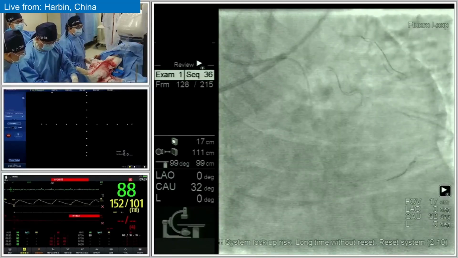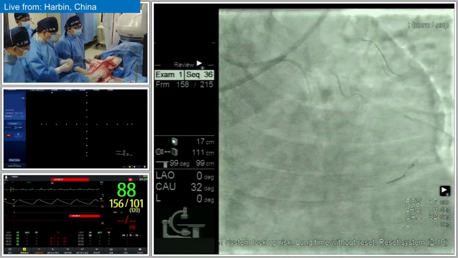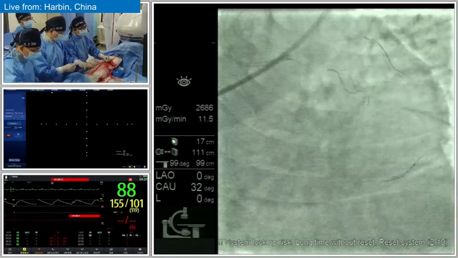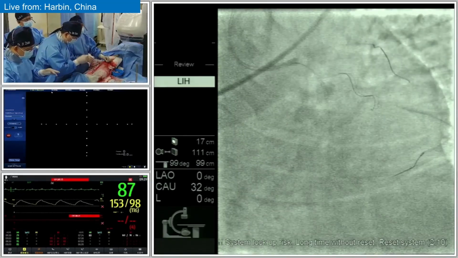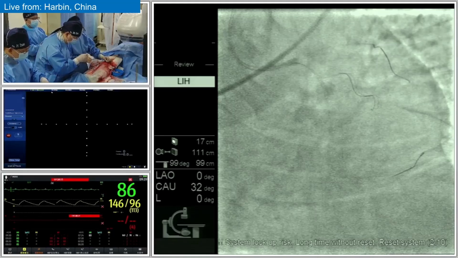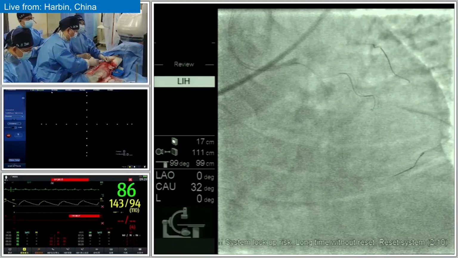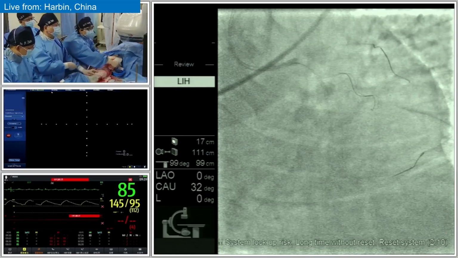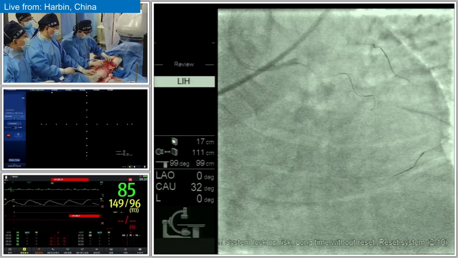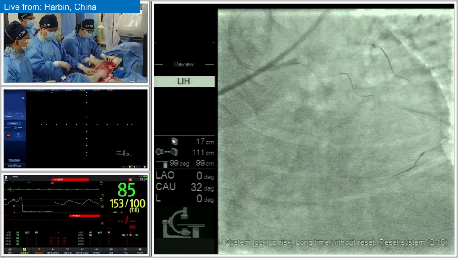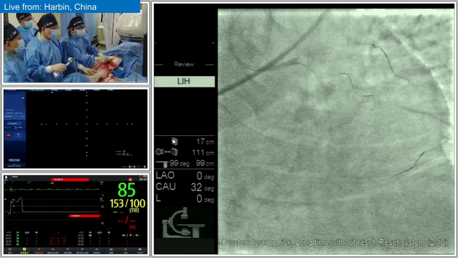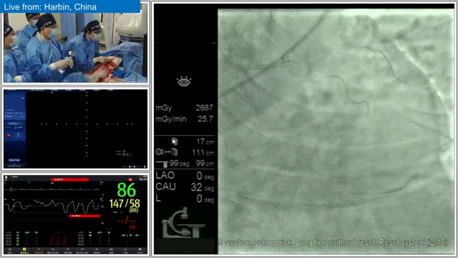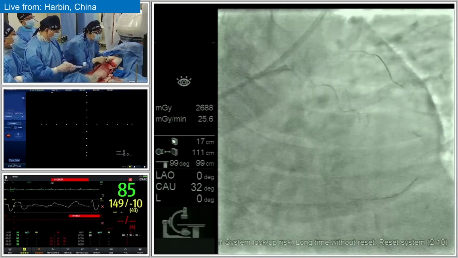Professor Gong, another question from the audience online. When will you remove the guide wires from the RCA and the LAD? Which guide wire? The guide wire in the RCA and also in the LAD.